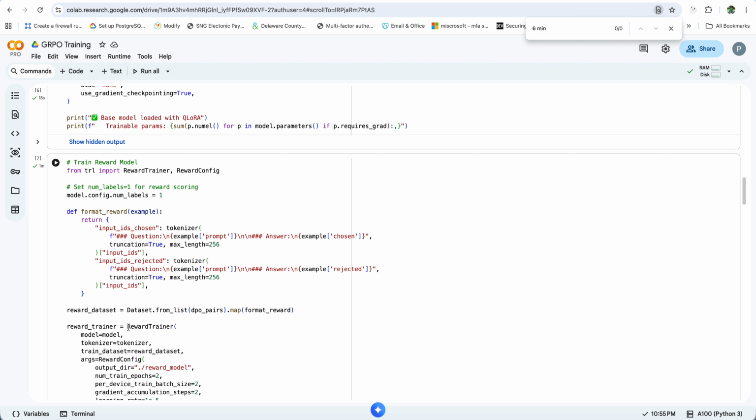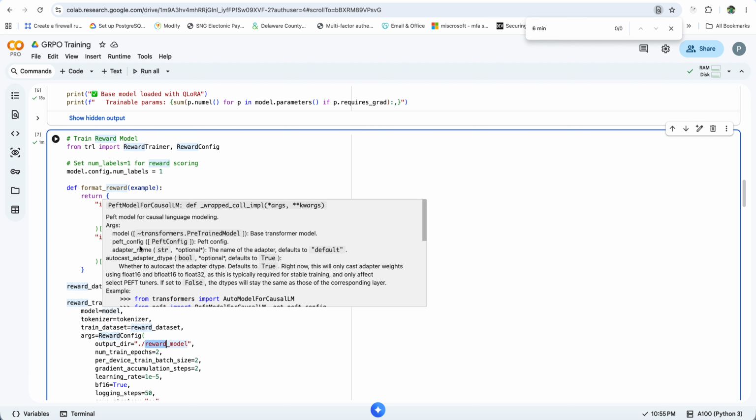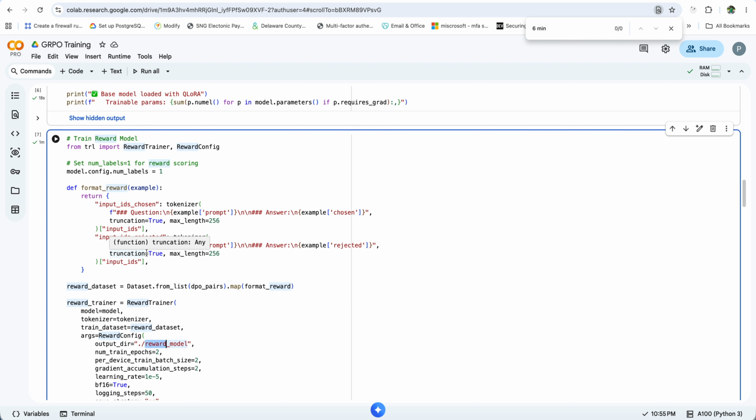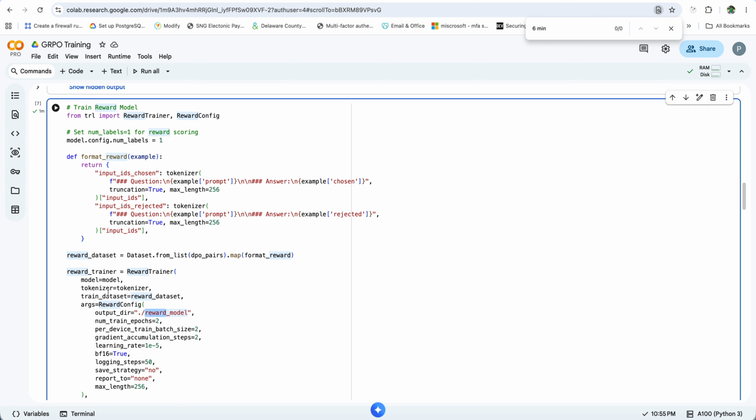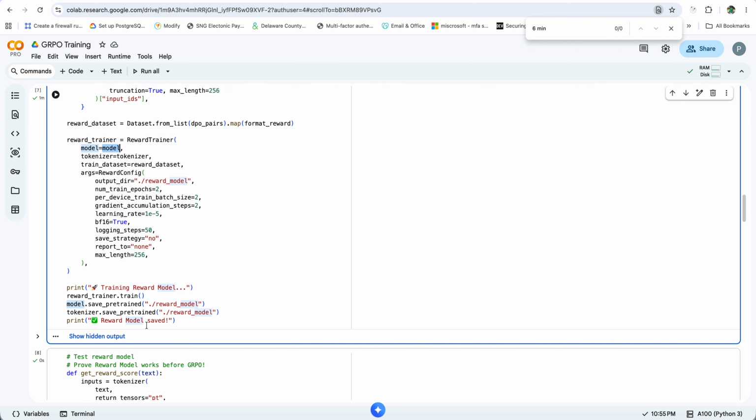Here we are using the reward trainer, training the reward model with this output directory, and the model is basically the base model which we are using, and we are saving it. The reward model is saved.